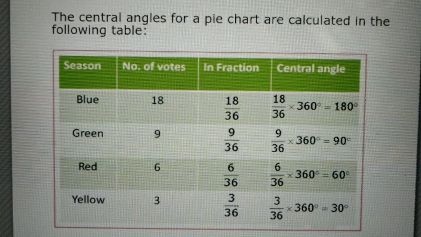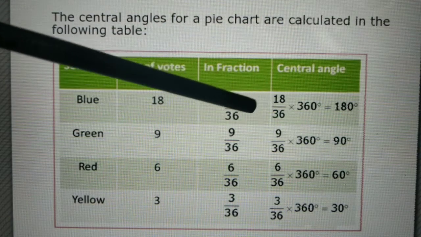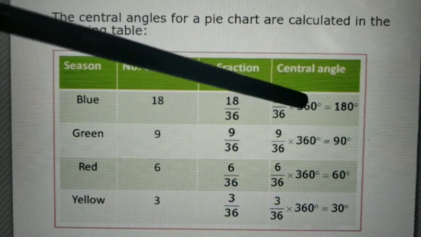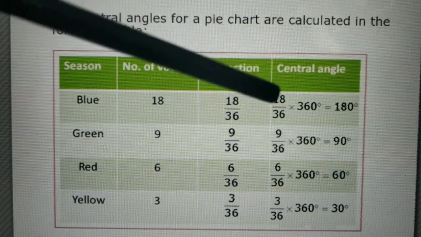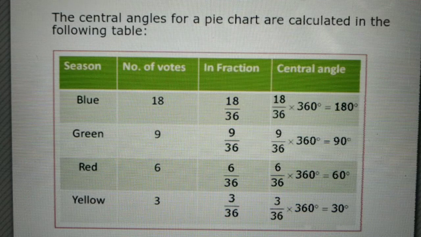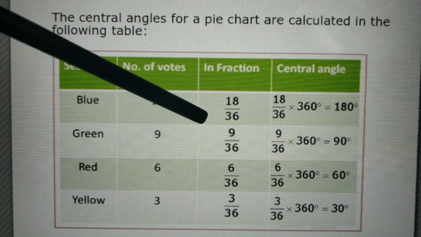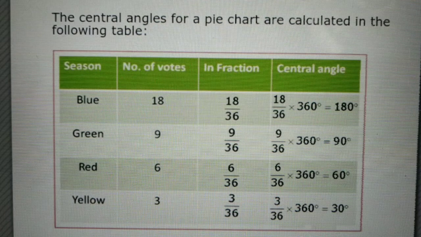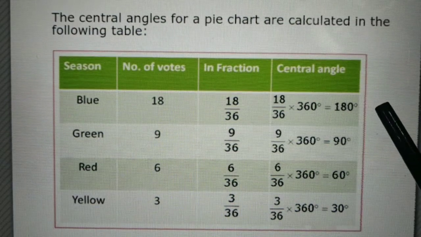Now to find the angle for the pie chart, 18 divided by 36 multiplied by 360 degrees. Because a pie chart is a circle, and a complete circle gives 360 degrees. So you must remember this formula: first the fraction, and after the fraction we find the central angle.